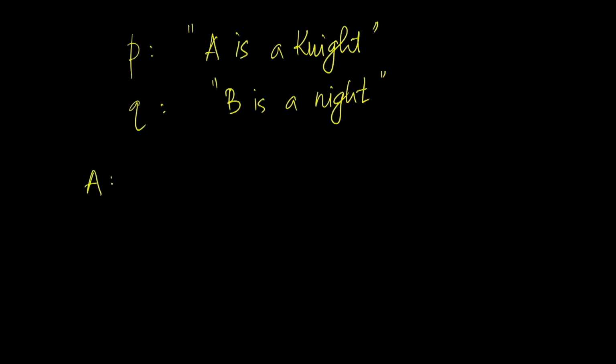So, A asserts Q. If A is a knight, which means P is true, then A would speak only the truth and this would be true. And if A is a knave, then A would tell only lies and this would be a lie. That is, if P is true, then Q also would be true. On the other hand, if A is a knave, which means P is false, then Q would be false. Therefore, we have P if and only if Q.